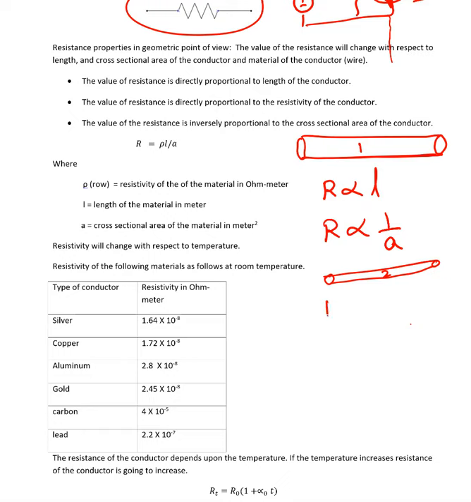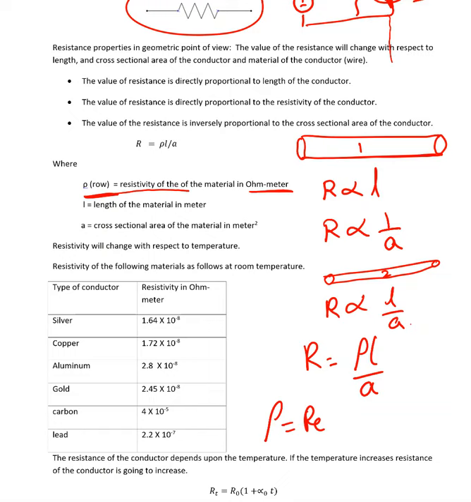Now if I combine these two, R is proportional to L over A, and R equals rho L by A. This rho we call resistivity, read as rho, the resistivity of the material, measured in ohm meter. L is in meter and area is in meter square.